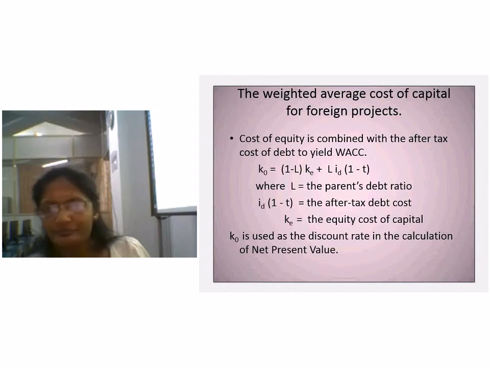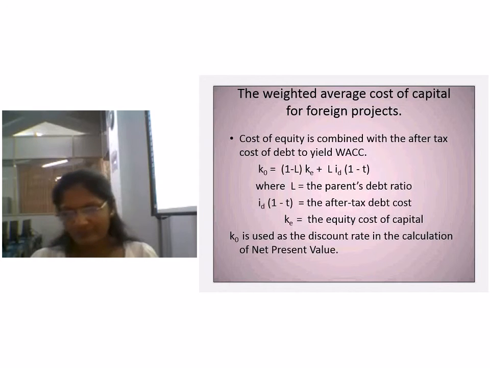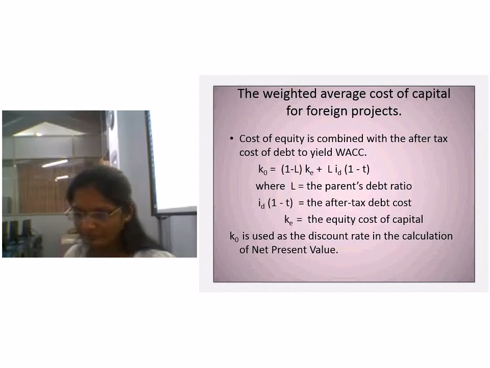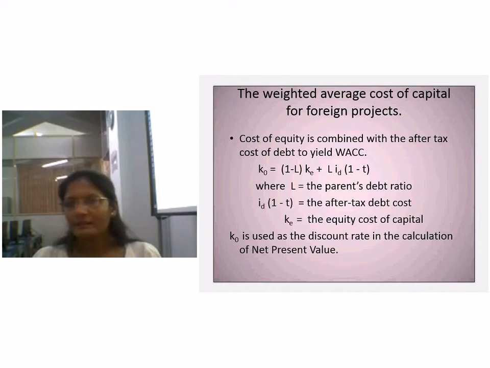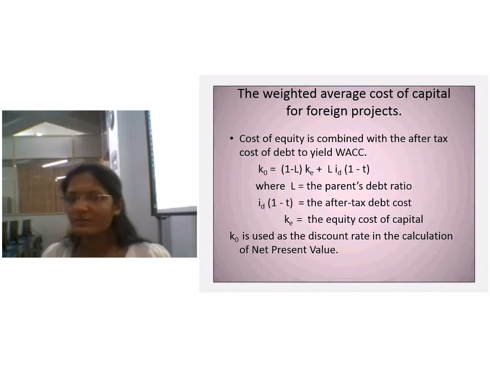When they calculate the cost of capital, they consider only the systematic risk, right? They consider the systematic risk, compare it with the required rate of return and take the decision, right?